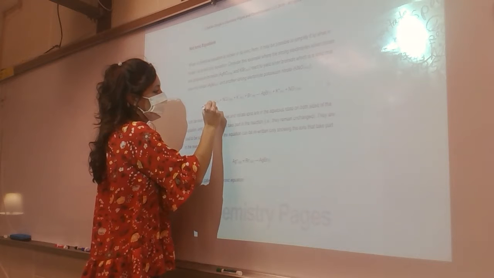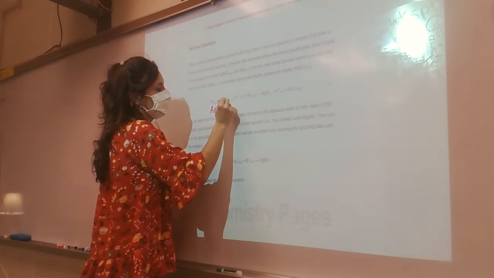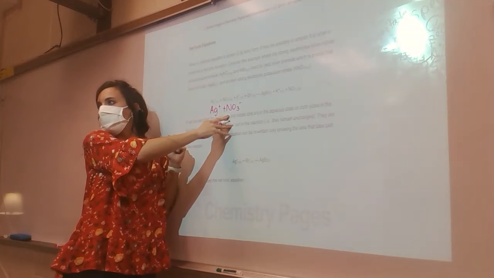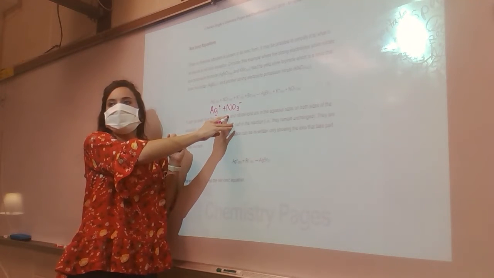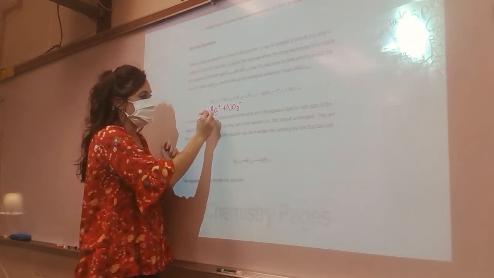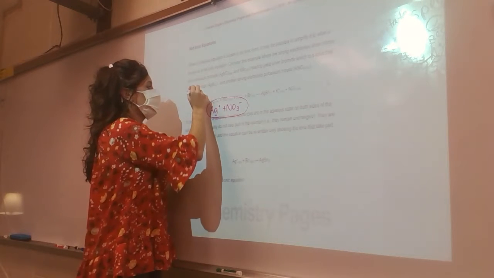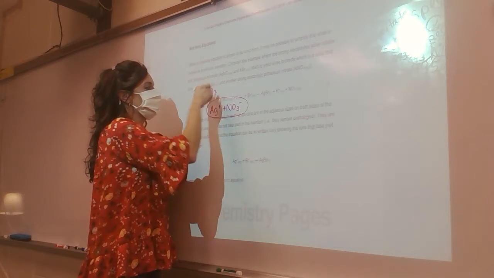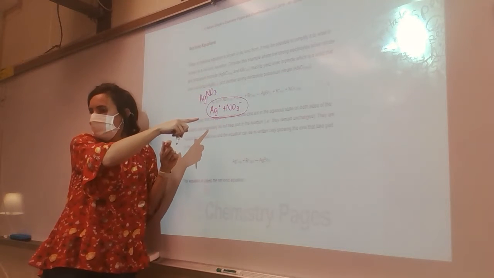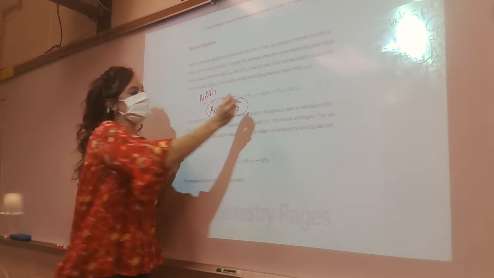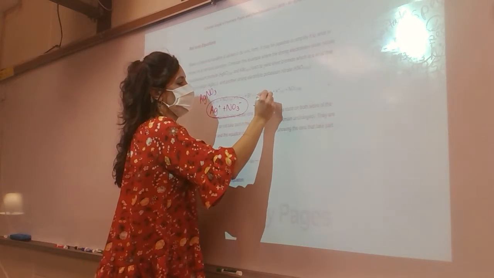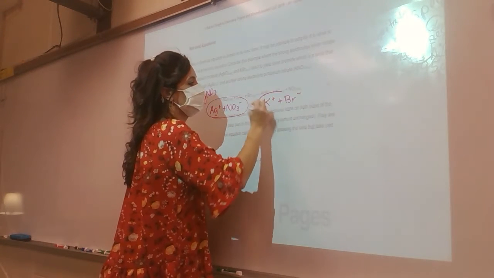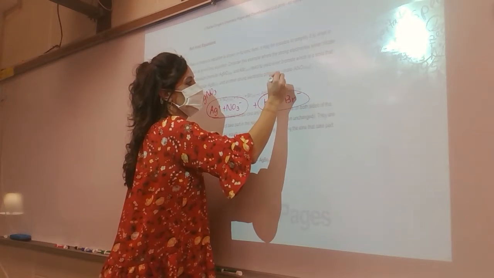We have silver nitrate solution, which is a strong electrolyte. So it completely dissociated. This was originally this, and it dissolved in water to make that. You mix that with potassium bromide, which is also a strong electrolyte. Originally this.